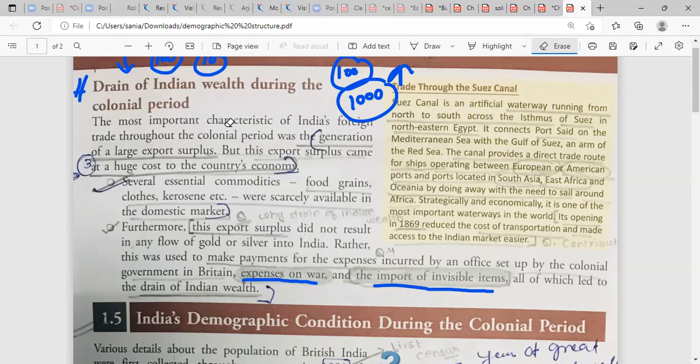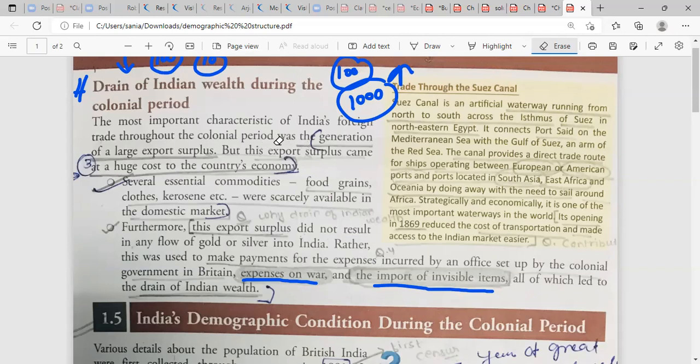Okay. Done. How can you say that there was drain of Indian wealth during the colonial period? Okay.